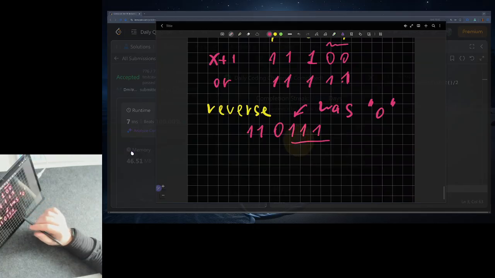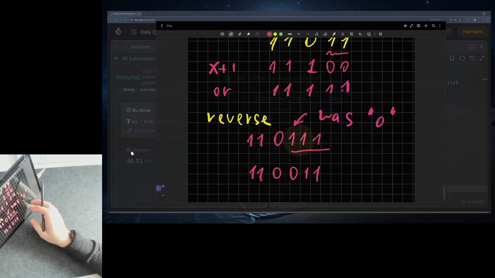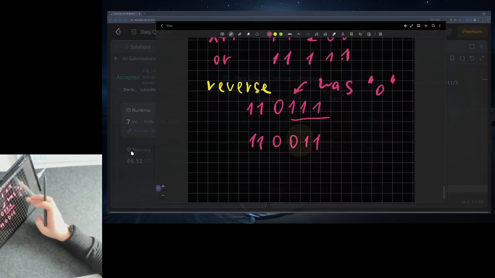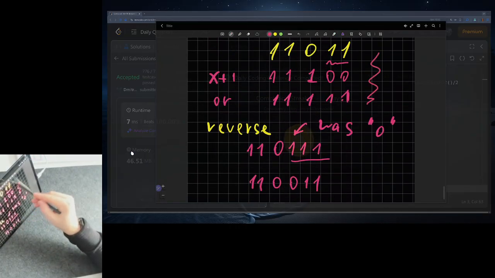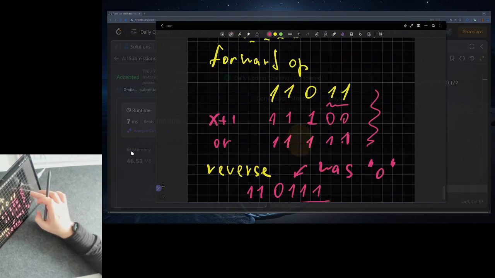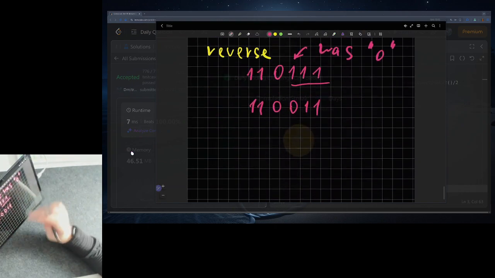This is a reverse operation. I don't know why this doesn't work with this example. Okay, let's forget it for now.